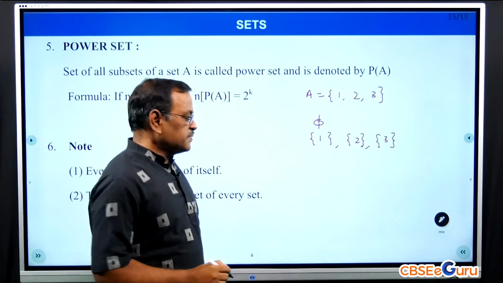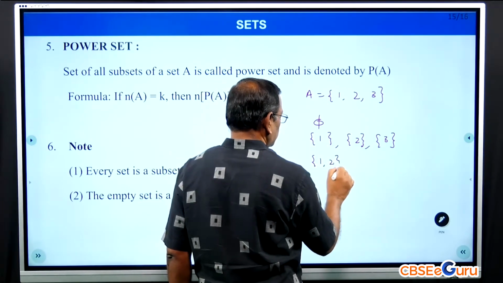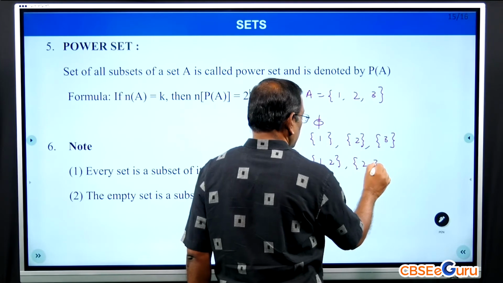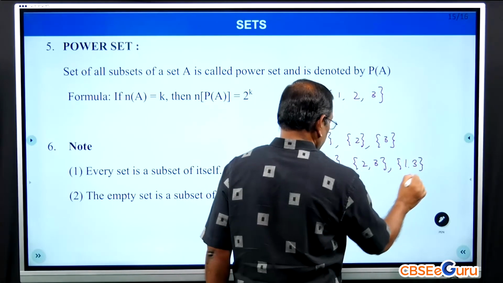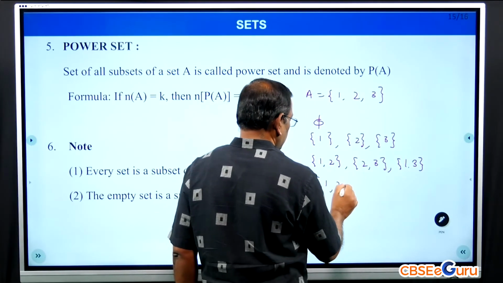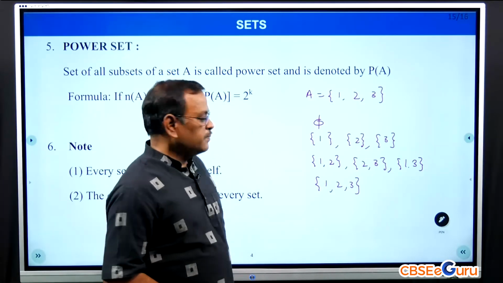And subsets which have two elements: {1, 2}, {2, 3}, {1, 3}, and last {1, 2, 3}.